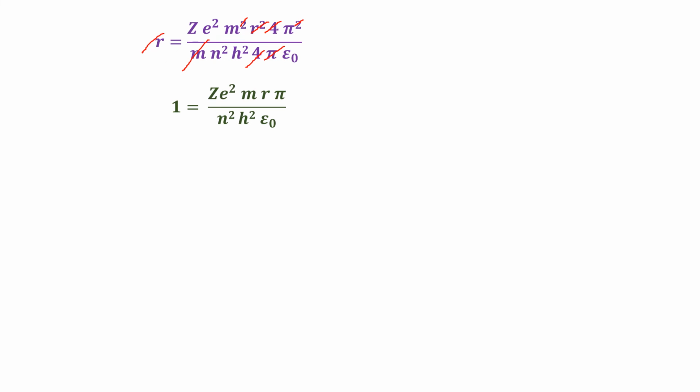We will get 1 is equal to, that is this r is cancelled out, so here it becomes 1. 1 is equal to ze square m r pi divided by n square h square epsilon naught. Now n square h square epsilon naught is shifted to the other side, so the equation is this one.